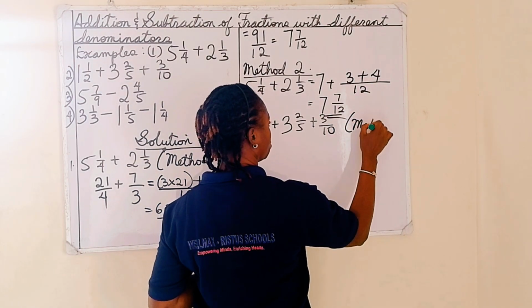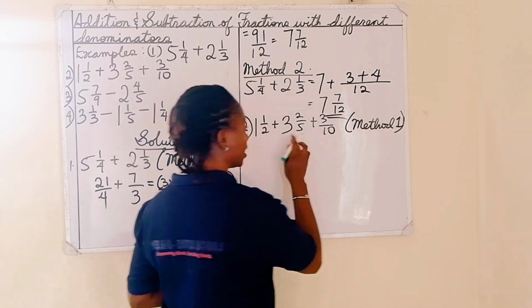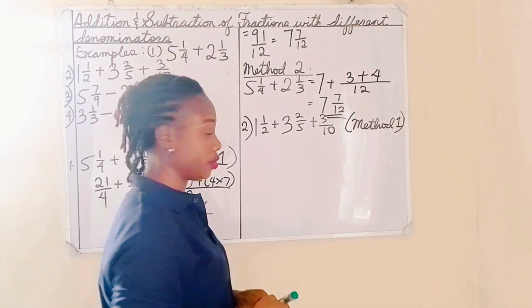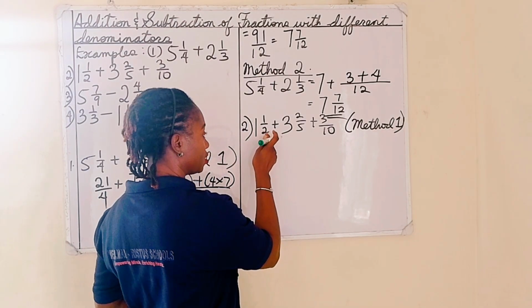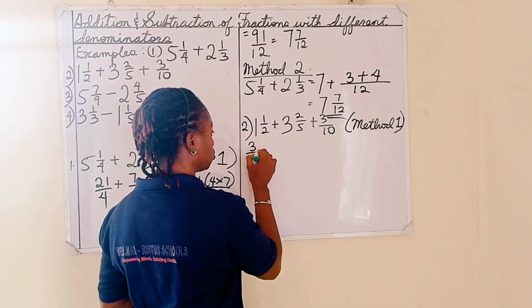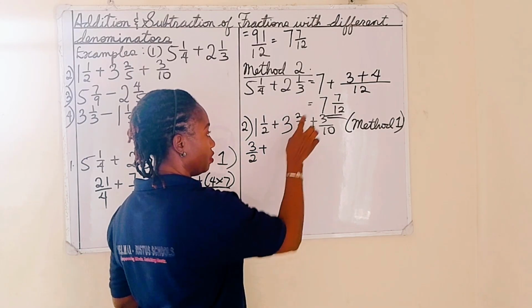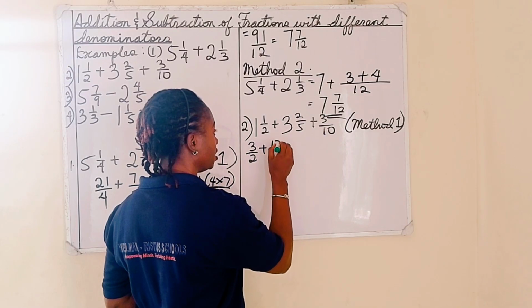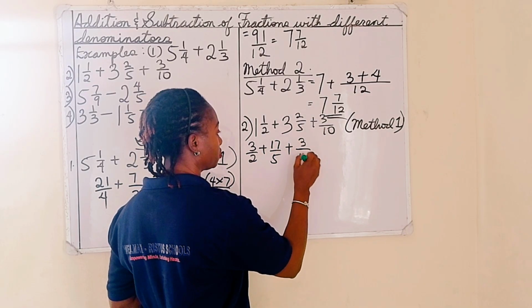So we'll move on to method 1, which is to expand these mixed fractions to improper fractions. So let's expand it. 2 times 1 is 2, plus 1 is 3 over 2, plus 5 times 3 is 15. 15 plus 2 is 17 over 5, plus 3 over 10.